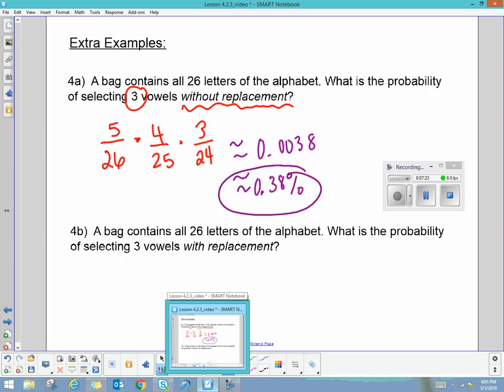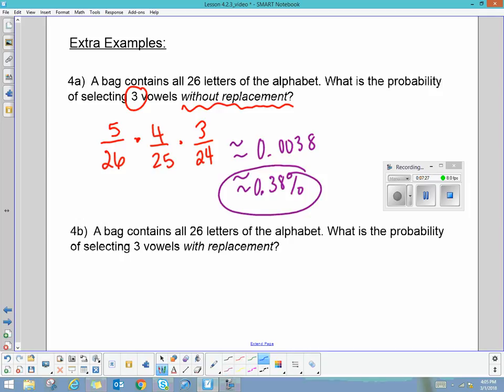So what if I have the same bag of letters? And what is the probability of selecting 3 vowels now with replacement? So it's definitely going to change the problem a bit. So again, I'm going to start with 5 vowels out of 26 letters times, oh, but you know what? I picked one and I put it back.